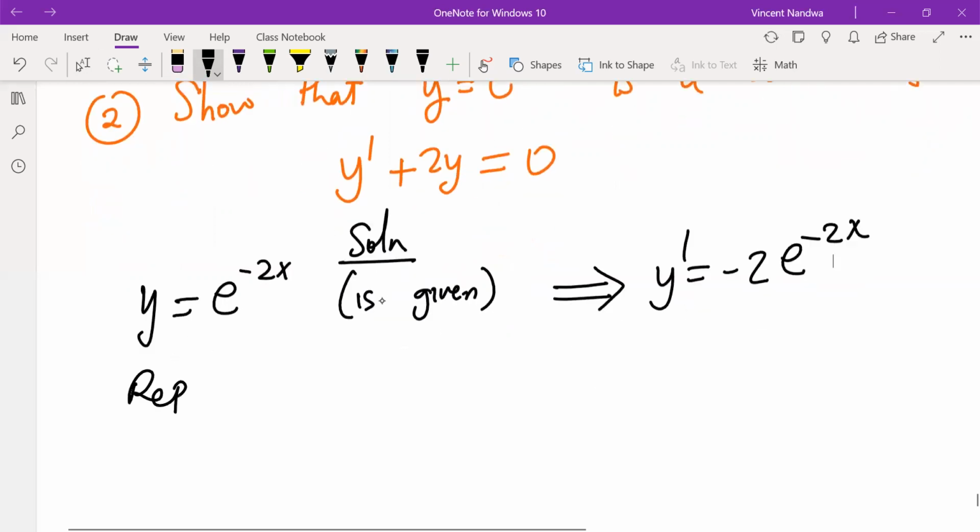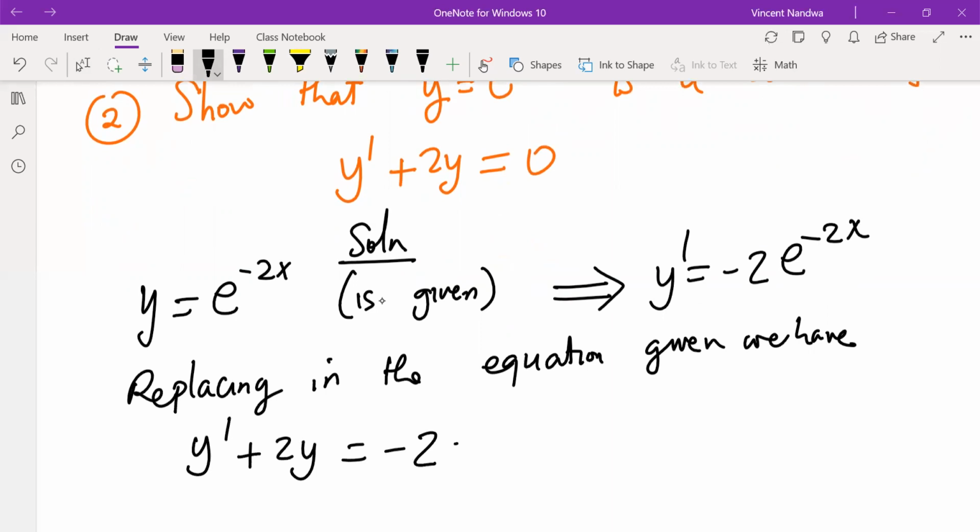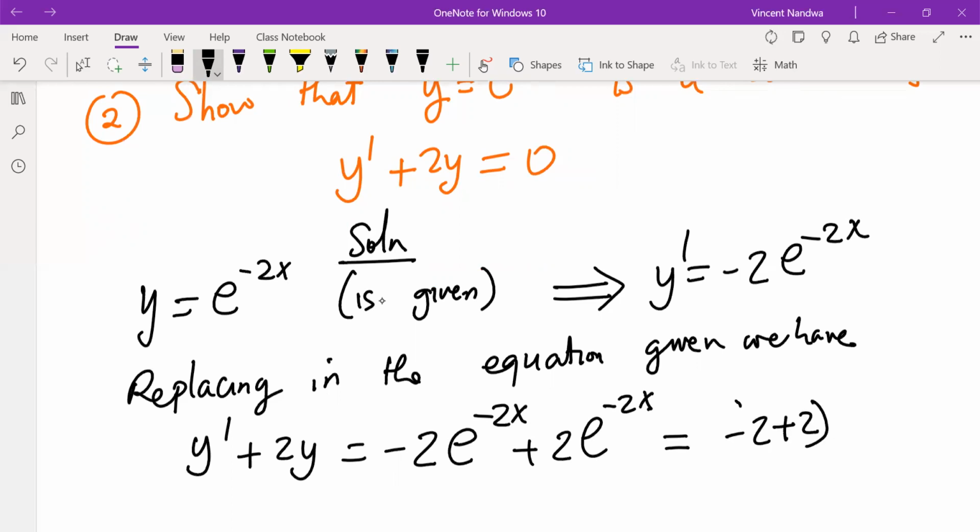Now replacing in the equation given, we have y prime plus 2y is negative 2 e raised to the power minus 2x plus 2, y is e raised to the power minus 2x, which is the same as minus 2 plus 2 times e raised to the power minus 2x, which is the same as 0 times e raised to the power minus 2x, which is 0.